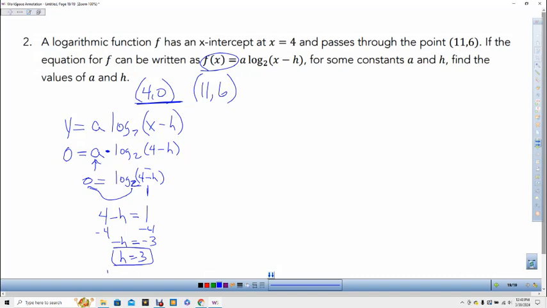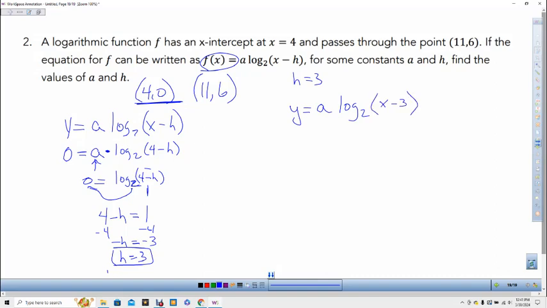All right, so now we have one of the values, h equals 3. And then we can use the other point here to find out what a is. So once again, we've got y equals a times the log base 2. I'm just writing this equation again, except I know what h is now. I can plug that in, x minus 3.